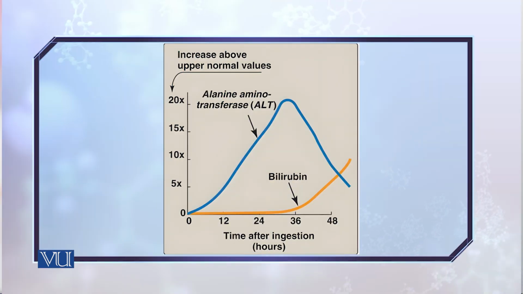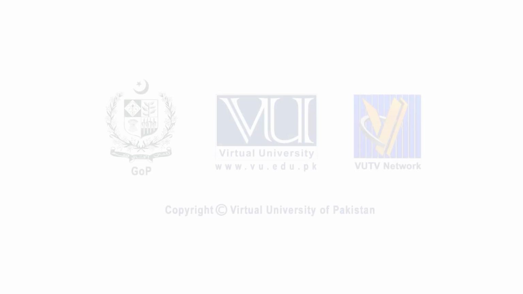Also, you can see here that if your liver is not functioning well, another marker is bilirubin. Its level also becomes very high, and as soon as the ALT levels get very high, you can also see a very sharp rise in the level of bilirubin, which shows that something really bad has happened with the liver.